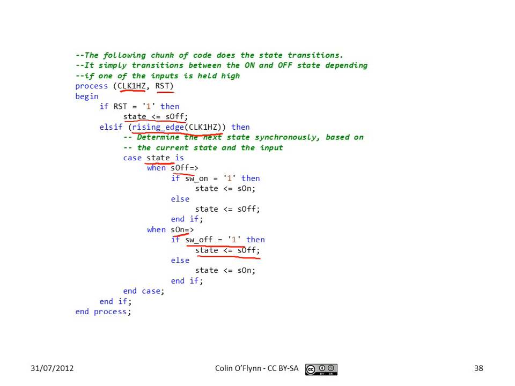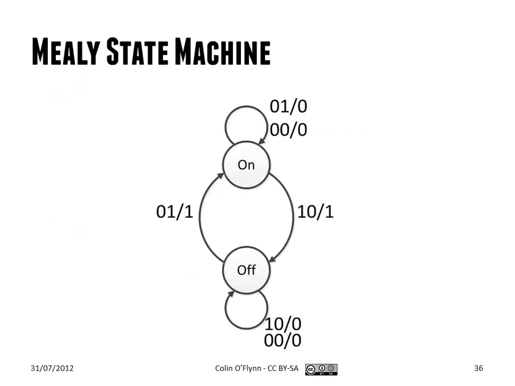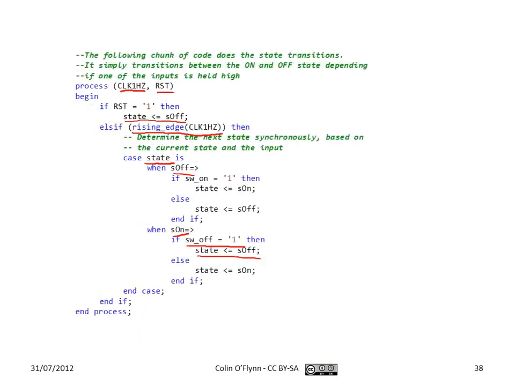So all this is doing is the transitions. It's not dealing with the outputs. Those 4 parts of the if-else statement are doing those 4 transitions.